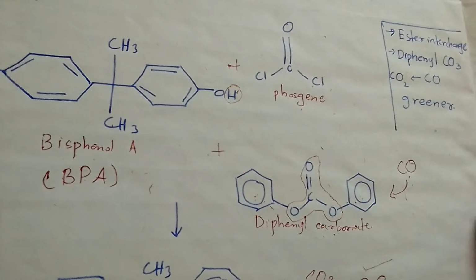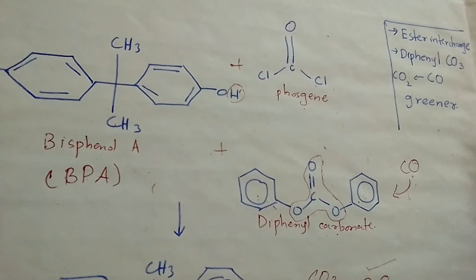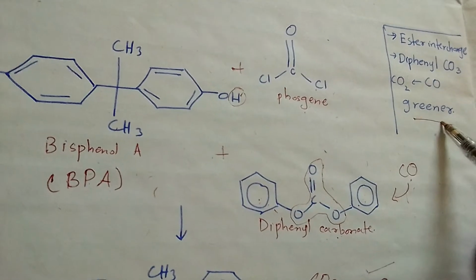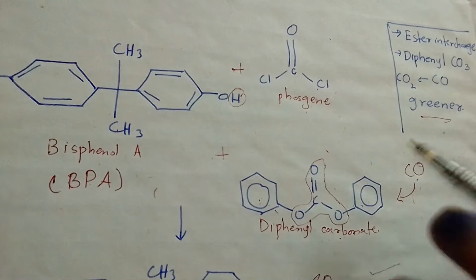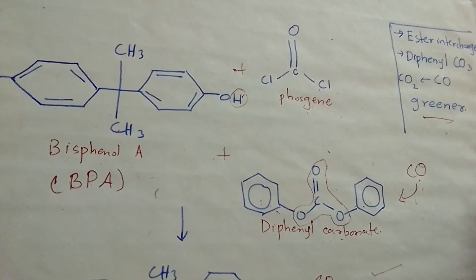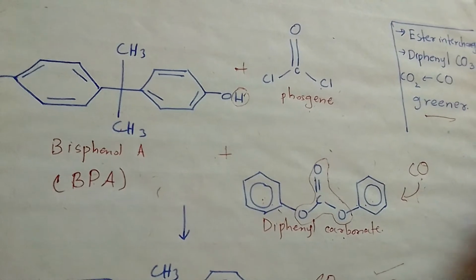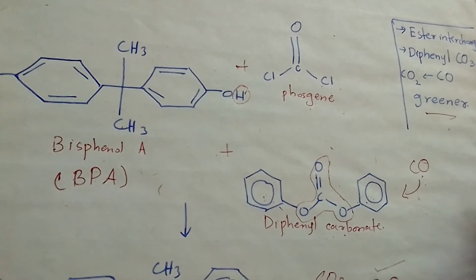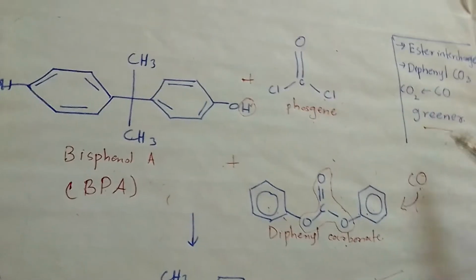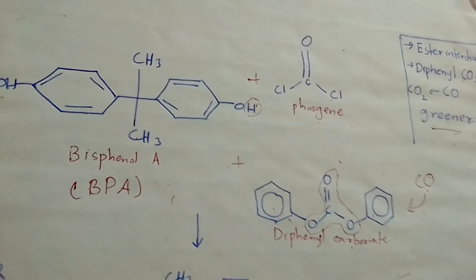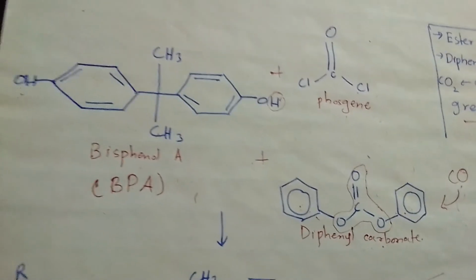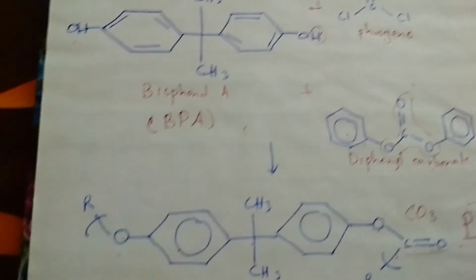We can get the carbon monoxide from carbon dioxide. So can we say this synthesis is greener, related to green chemistry? So these are some points that you must remember about polycarbonates.